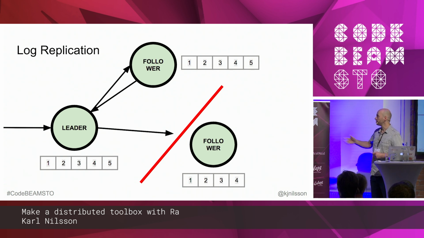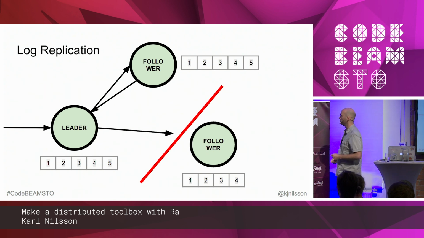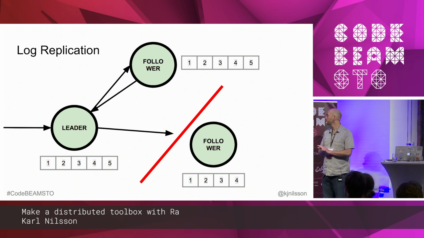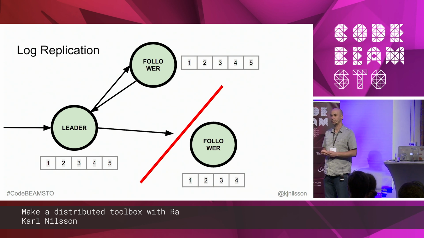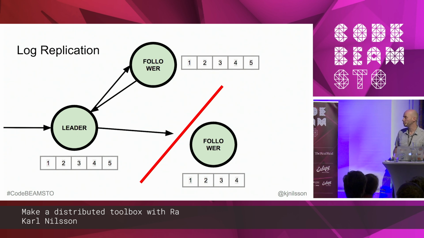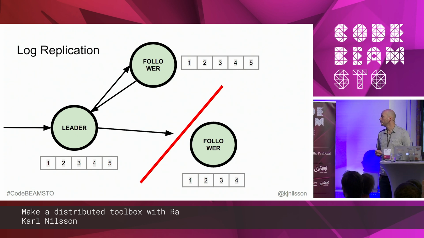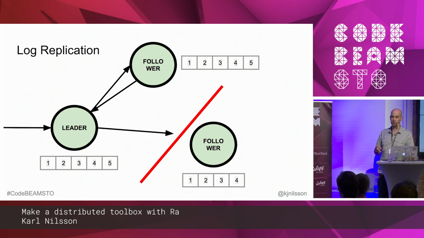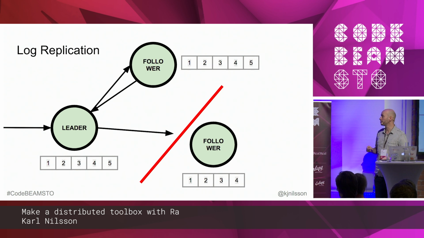So in this instance, we've got a red line for one of the followers, and we know red lines are bad in distributed systems. It means that that follower is disconnected or unavailable, or something is happening, slow, stuck, doesn't matter. But we can still make progress, because more than half the cluster is available and responding, so the leader and one of the followers. So that's okay.